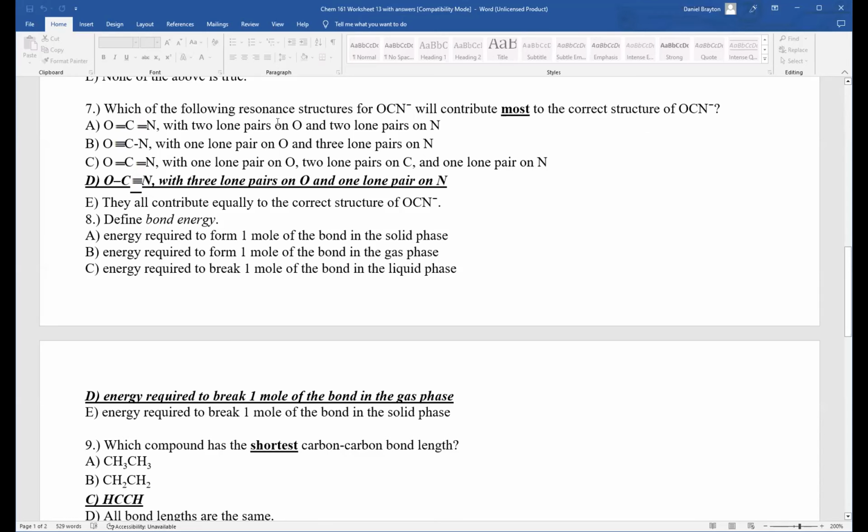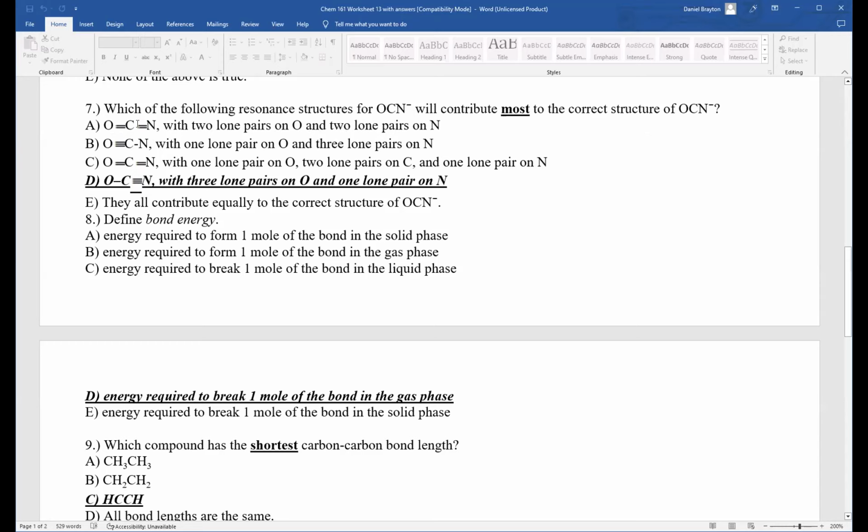But then it's supposed to have a minus charge, so that seems reasonable. All right, so then it asked us which one: OCN with 2 lone pairs on the oxygen and 2 lone pairs on the nitrogen. That would mean nitrogen wouldn't have a 3rd bond and an extra lone pair. So that is the same structure that's possible, right?